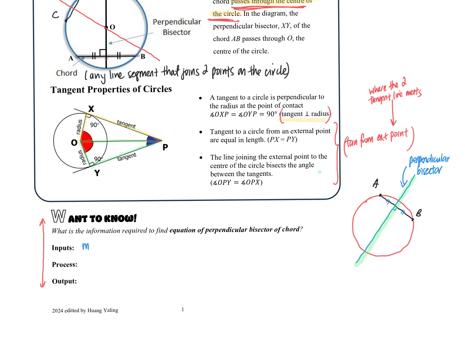Gradient, and one point on the line, which happens to be the midpoint of AB. So the gradient of the line is the gradient of the perpendicular bisector.